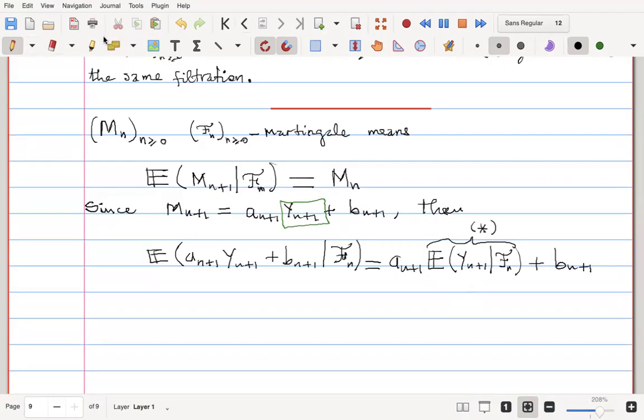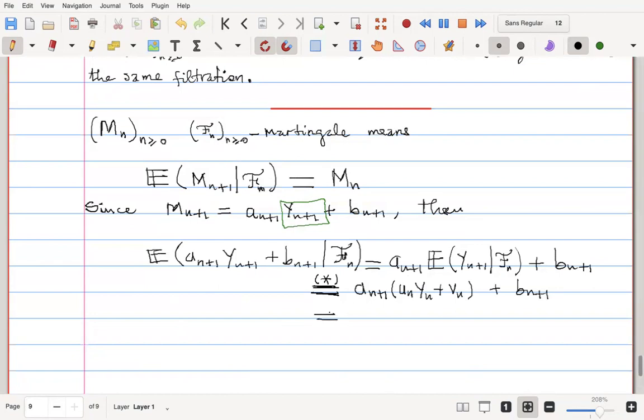I think the best thing I should have done here is to say that this will be equal to, via star, and I can write star here on top. So this equality will give us, given star, a_{n+1} times u_n Y_n plus v_n, that is via star, plus b_{n+1} here.